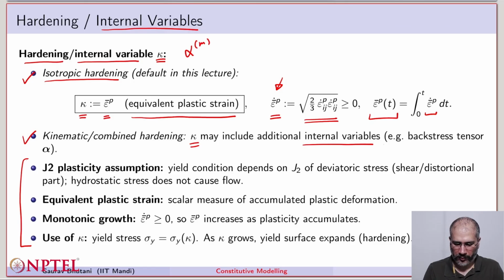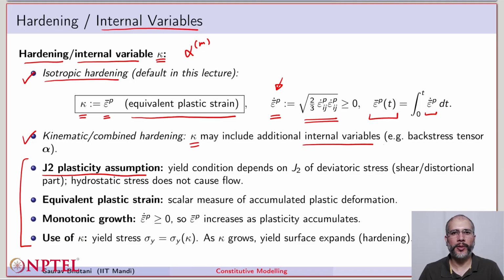The first is that we assume J2 plasticity in this discussion. If you recall the discussion on octahedral shear stress, what we said was that there is a special plane called the octahedral plane, and we measure the shear stress on that plane. Then we use that scalar measure of the shear stress on that special plane to figure out whether the material will plastically yield or not.